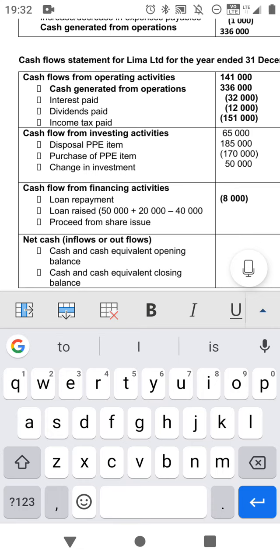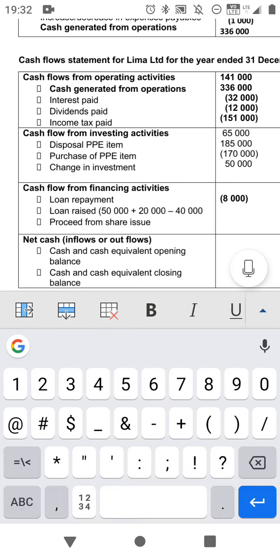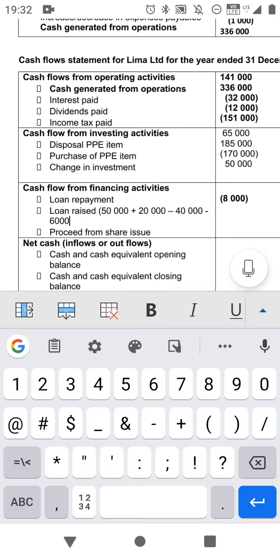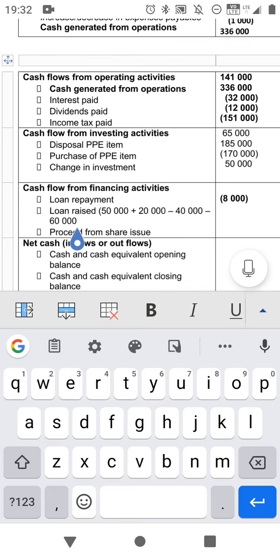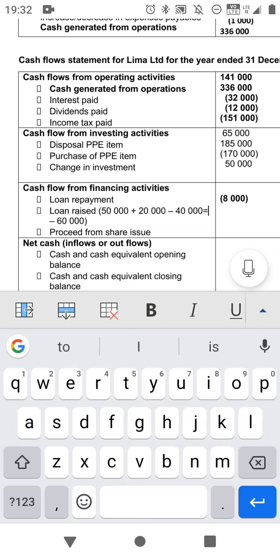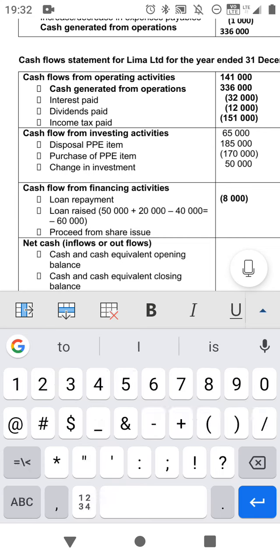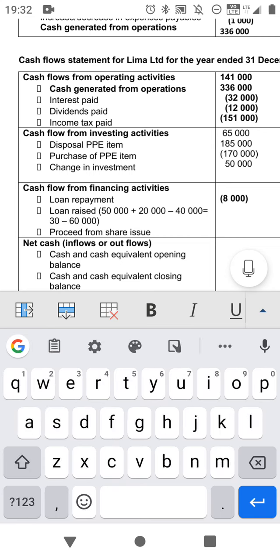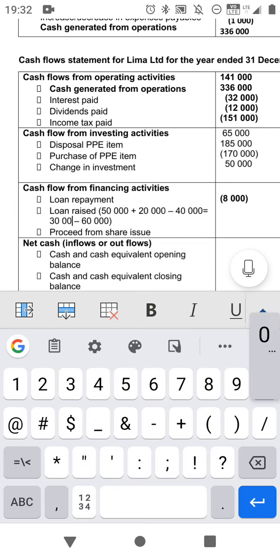Simple means that we took another loan, because now the balance that we have is 60,000 from what? From the total of 30,000.